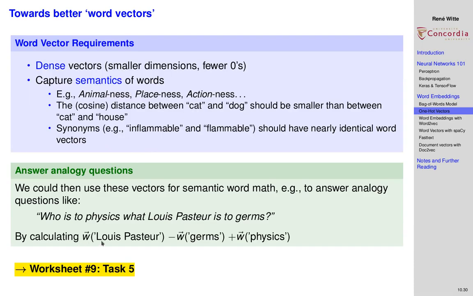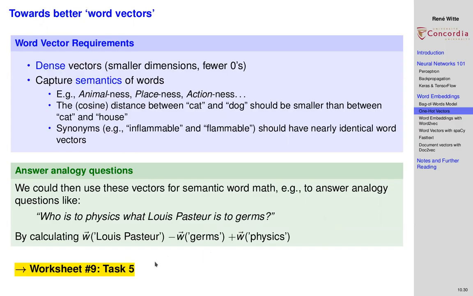So we have a vector representing Louis Pasteur, we have a vector representing germs, and we have a vector representing physics. Now, if we take Louis Pasteur, we subtract the vector for germs, but add the vector for physics, then we should come to a vector in the vector space that represents another person. And this person should be to physics what Pasteur is to germs.